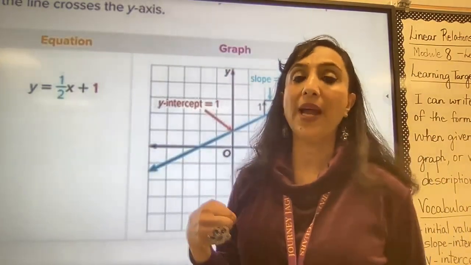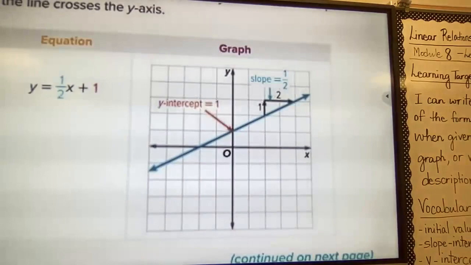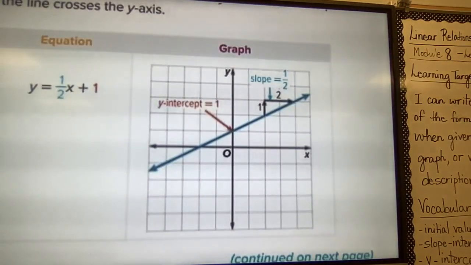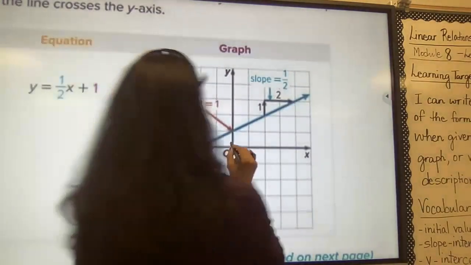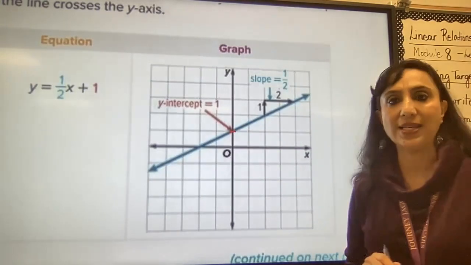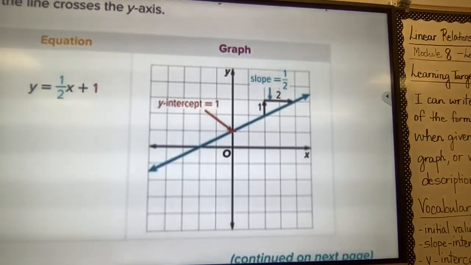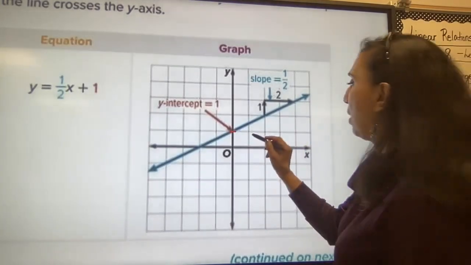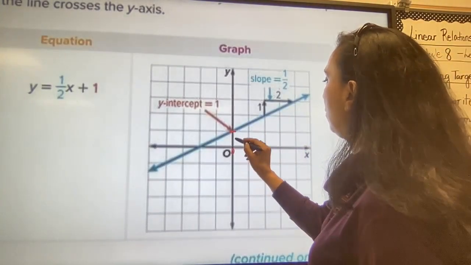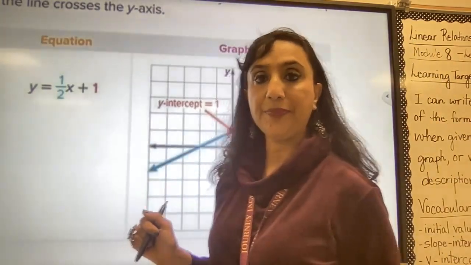Plus, where is it crossing the y-axis? It is crossing the y-axis at 1. So this is your y-intercept. Where it is crossing the y-axis, that is your y-intercept, because this is 0, this is my 1, so there you go, plus 1.